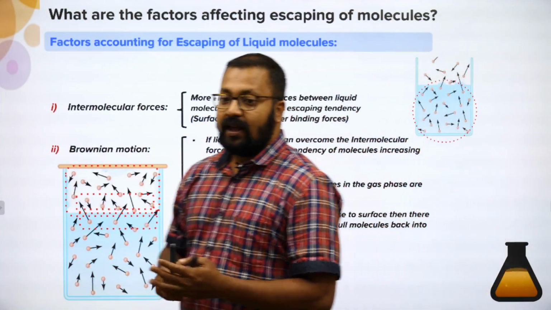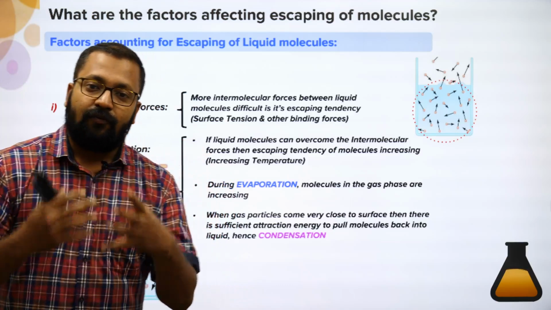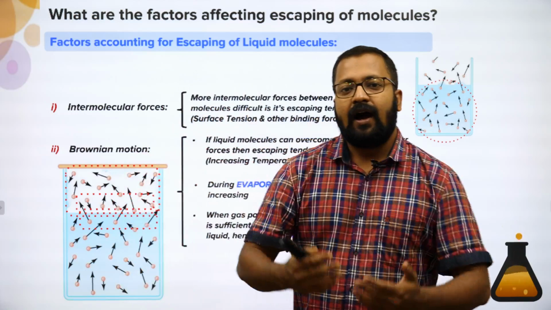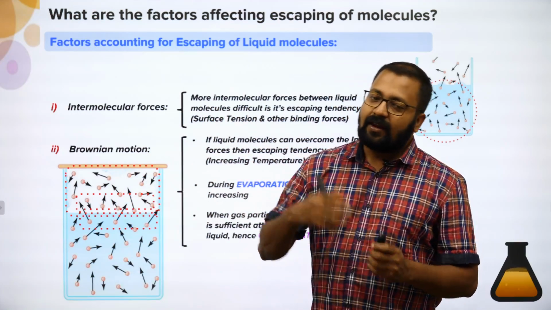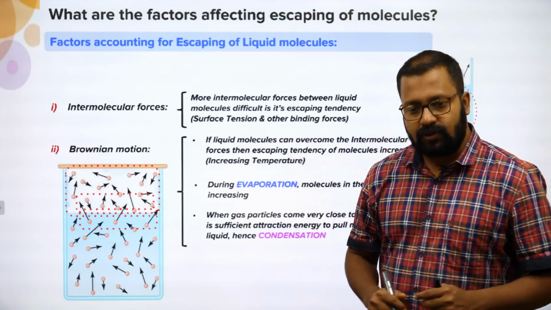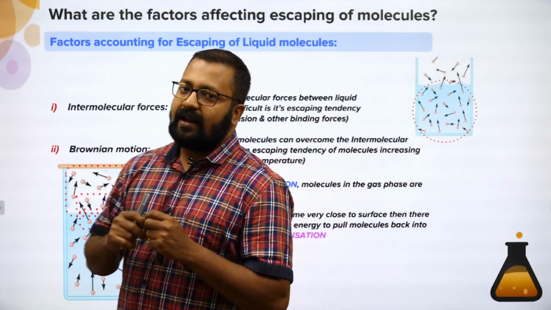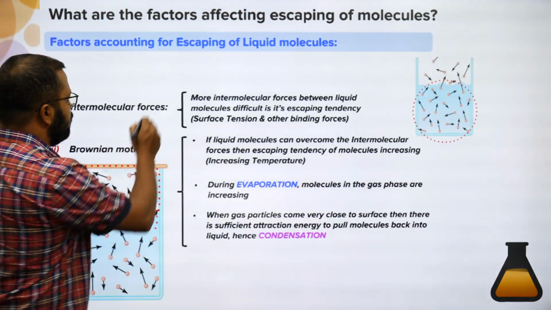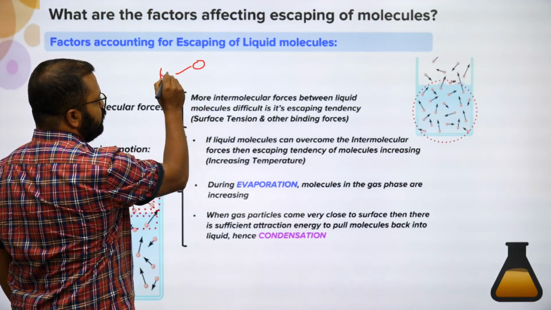What will affect the volatility of a substance? Can you tell me what will affect how quickly a molecule escapes? एक रीजन है ये दे सकते हैं हम कि if I look at the intermolecular forces, if I take water, then water has hydrogen bonding.